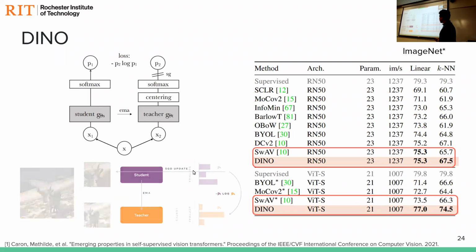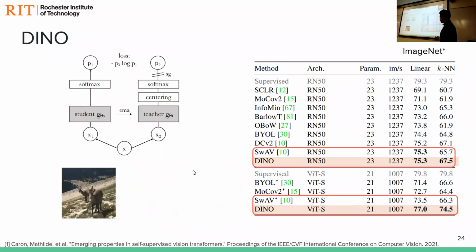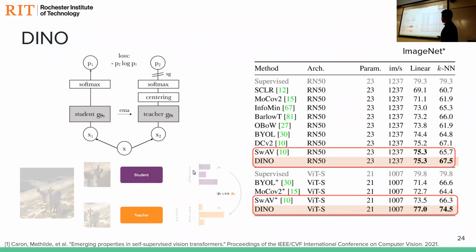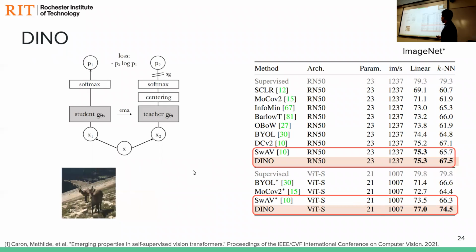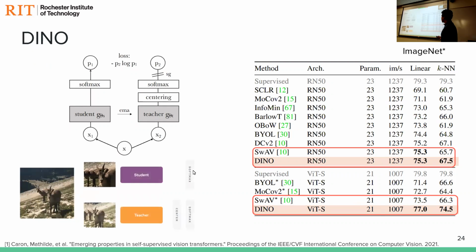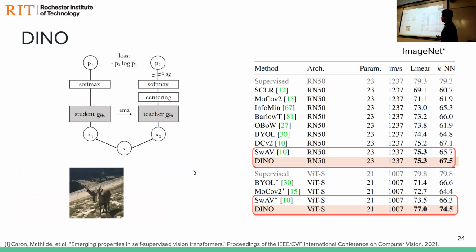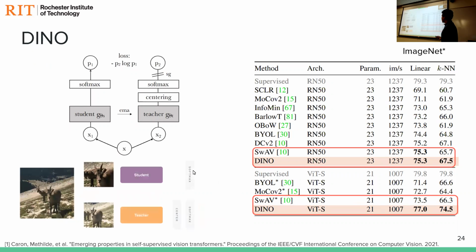And the way it works is, again, you still do your augmentations. So you have these two augmented images, you pass them through the network, but now instead of updating your network on the two branches, you are only going to update one branch. And then the other branch is going to be an exponential moving average. That means that this teacher network is just going to be a slow update from the weights that come from the student network.